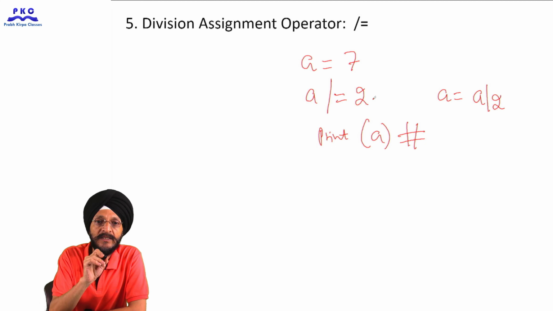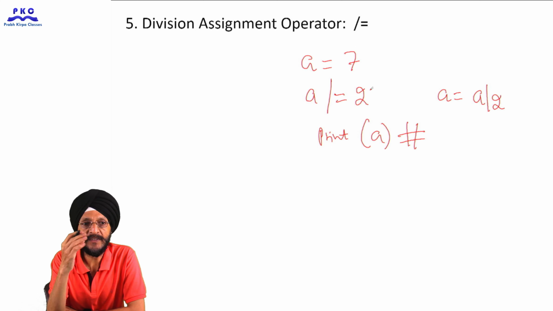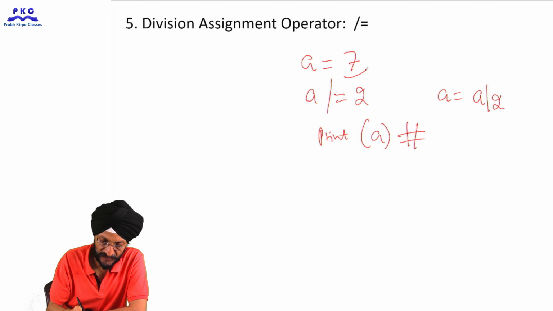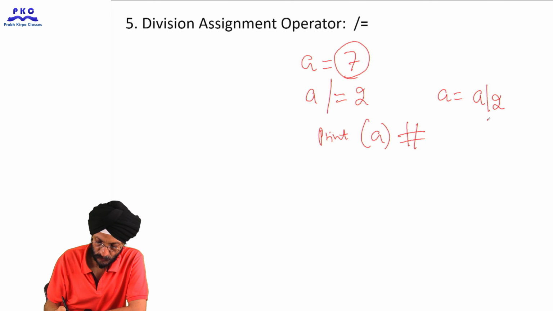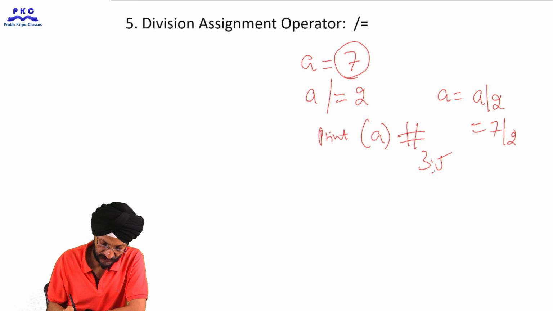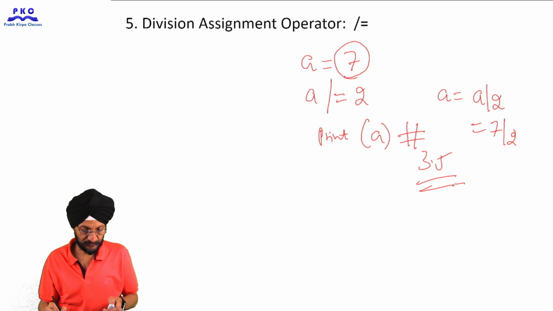That is, the value written after the division assignment operator will be used to divide the value contained in the variable. So it will become 7 divided by 2 and the output will be 3.5.